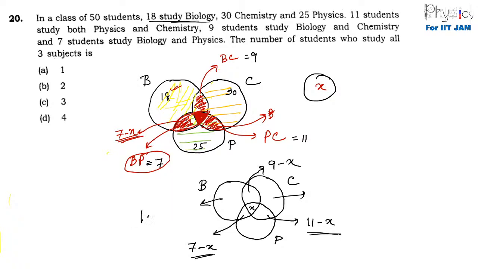Sorry, minus 9 minus x minus 7 minus x, right? So what we get? We get 2 plus x, right? Sorry, again.